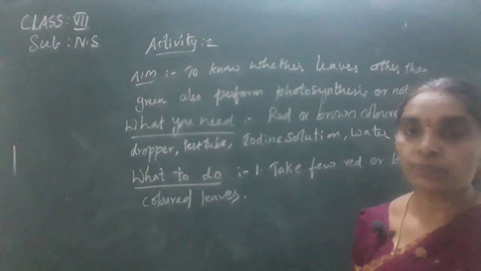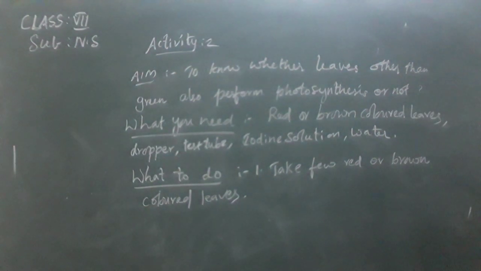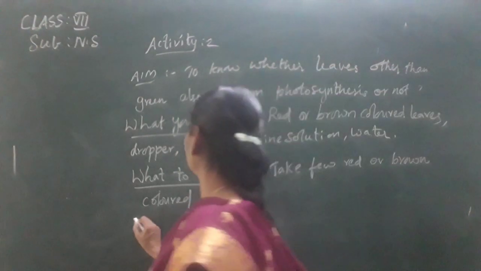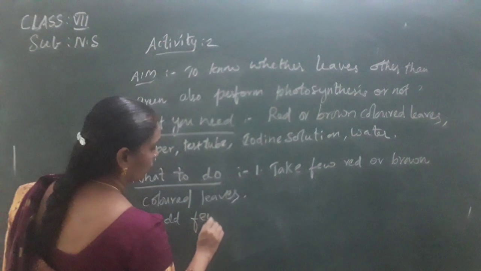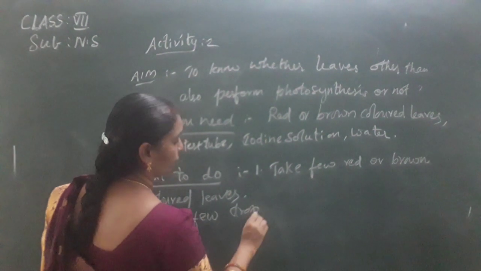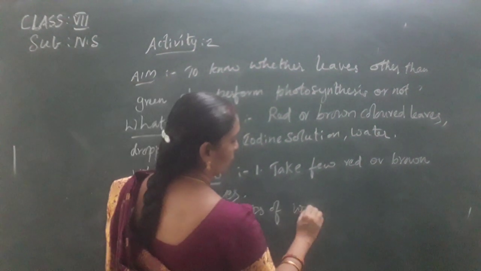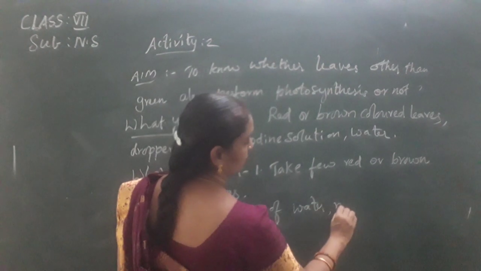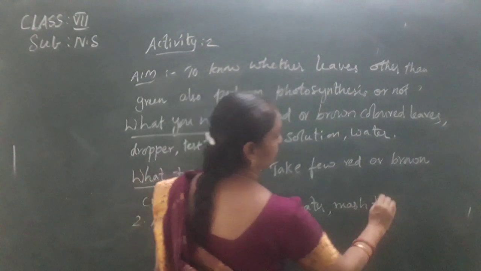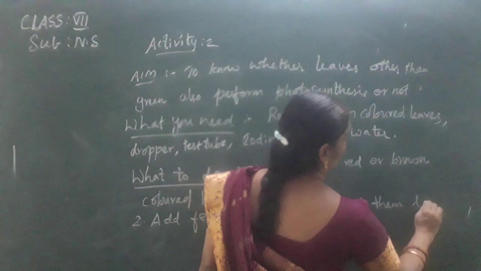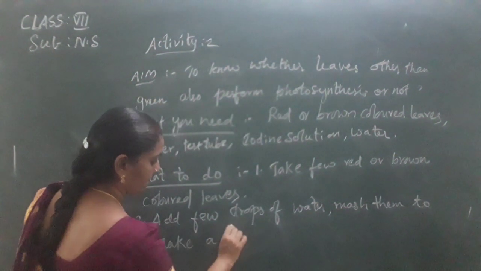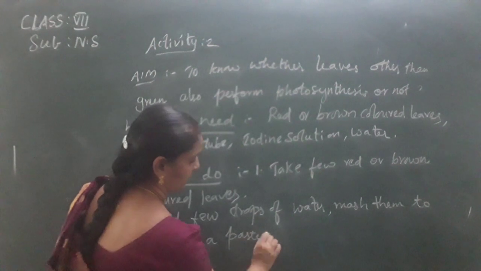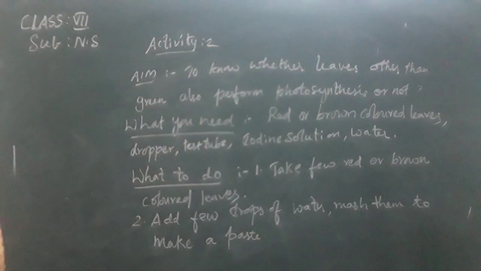Then what you do? Then you have to add few drops of water and mash them to make a paste. Second point: add few drops of water, mash them to make a paste. Note down this first, all of you.